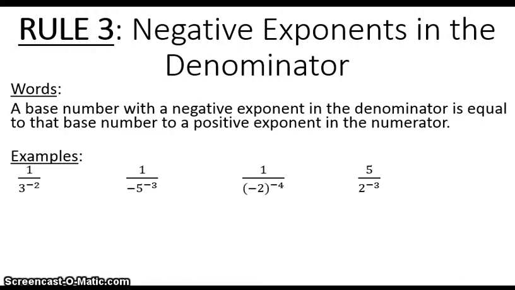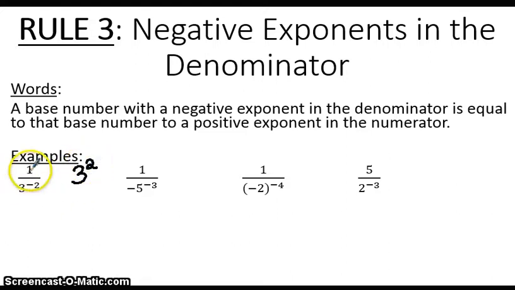For example, if you look at the first example written on the screen, we have 1 over 3 to the negative 2 power. You can see that the negative exponent is in the denominator. To make that negative exponent positive, we're going to have to move that base number to the numerator, so we have 3 in the numerator, and change the exponent from a negative to a positive.